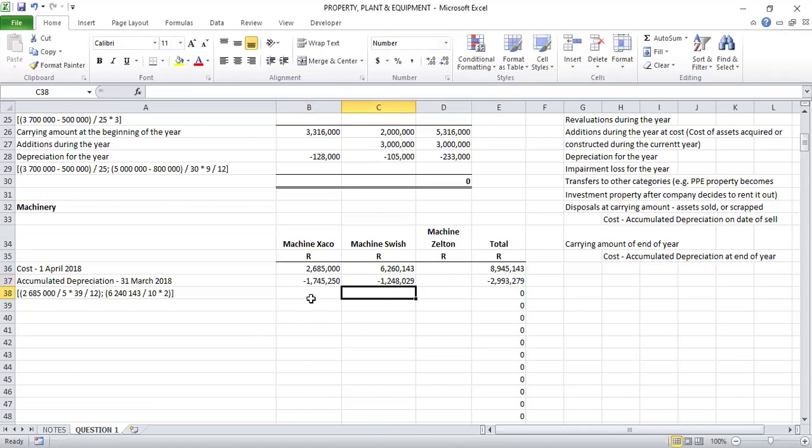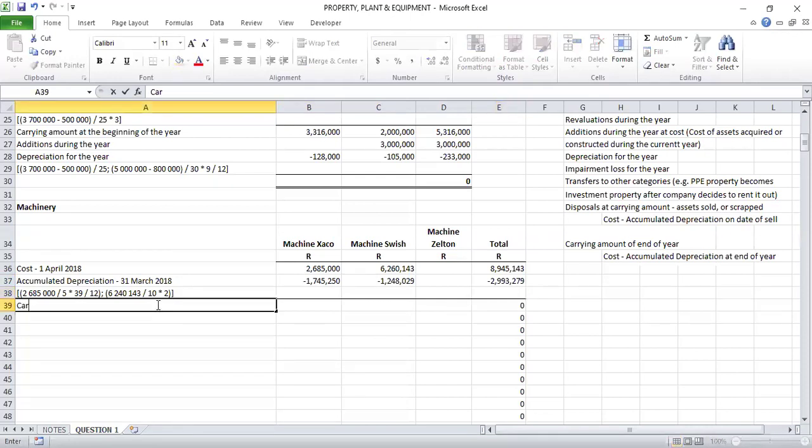So that will be our depreciation. Any questions there? Right. Then we get our carrying amount on 1 April 2018 at the beginning of the year.